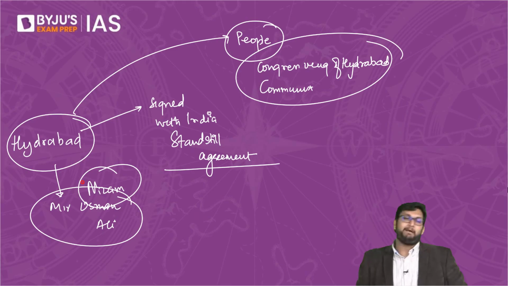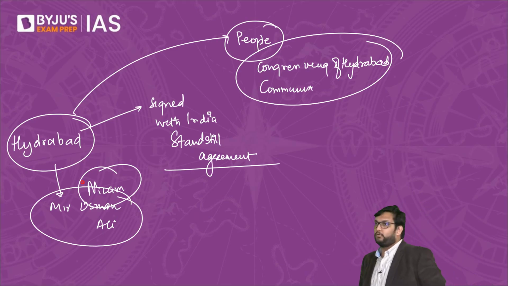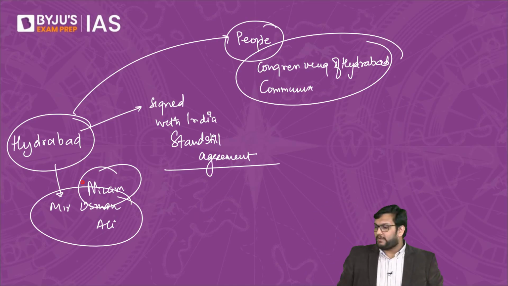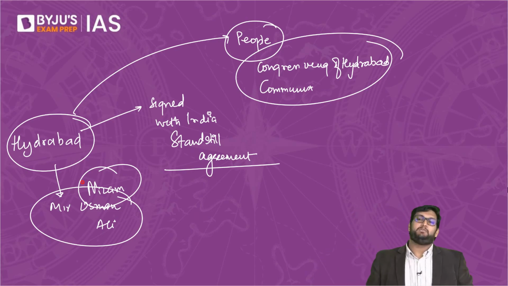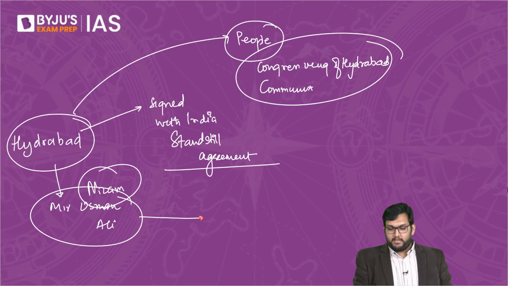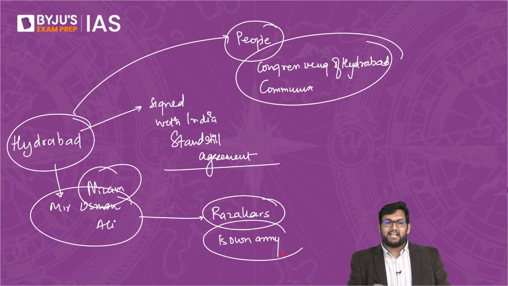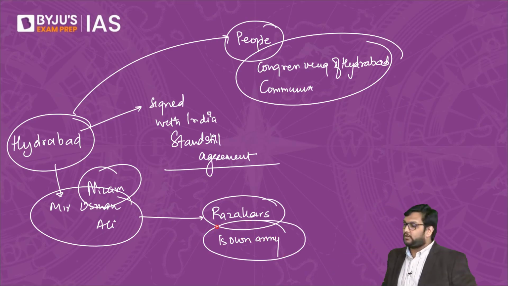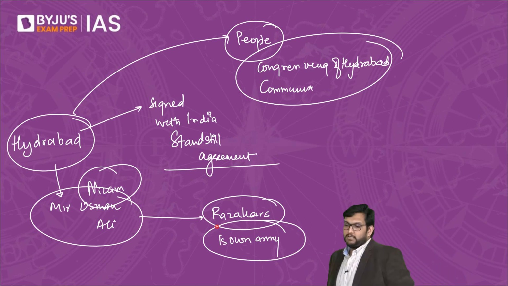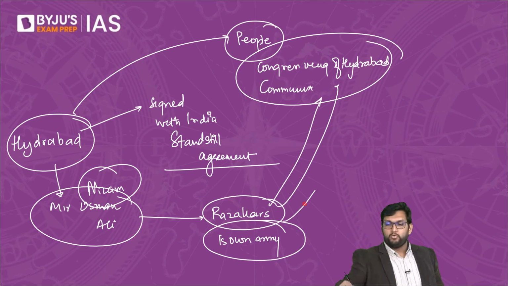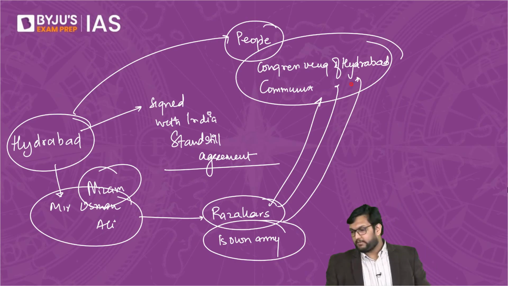But the problem with Hyderabad is that as soon as the people came to the streets, women, peasants, Mir Osman Ali, rather than complying with the will of the people, used his Razakars. Razakars is his own army, and the Razakars will now rain down terror on the people, which is that basically they will now start to kill, slaughter, rape, loot the people of this movement.